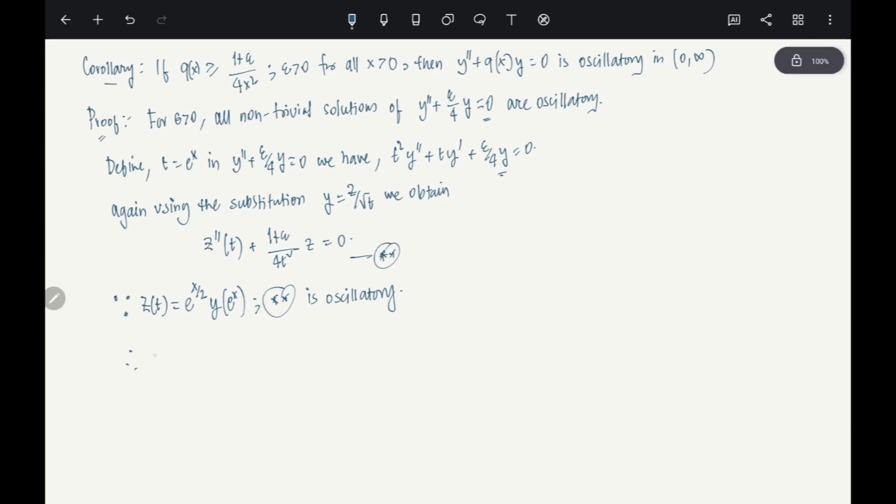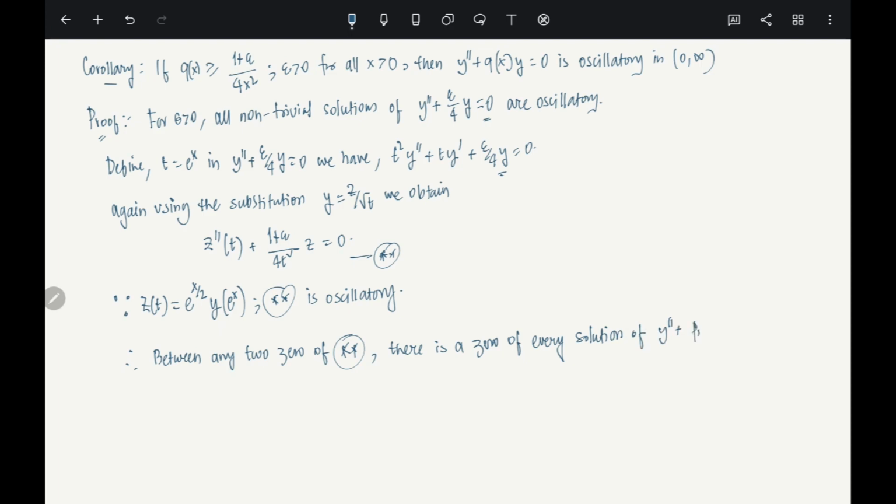So therefore, between any two zeros of the equation double star, there is a zero of every solution of y double prime plus q of x y equals 0.